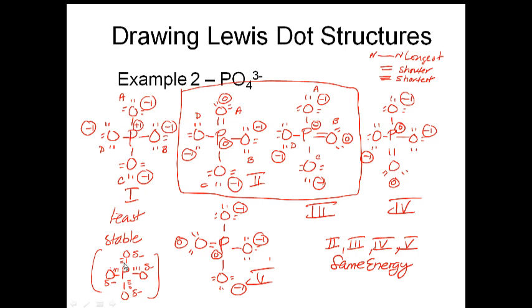And then sometimes the first step is to rank them in energy and then write the resonance hybrid that has contributions from the most stable of those resonance structures, the major resonance contributors.